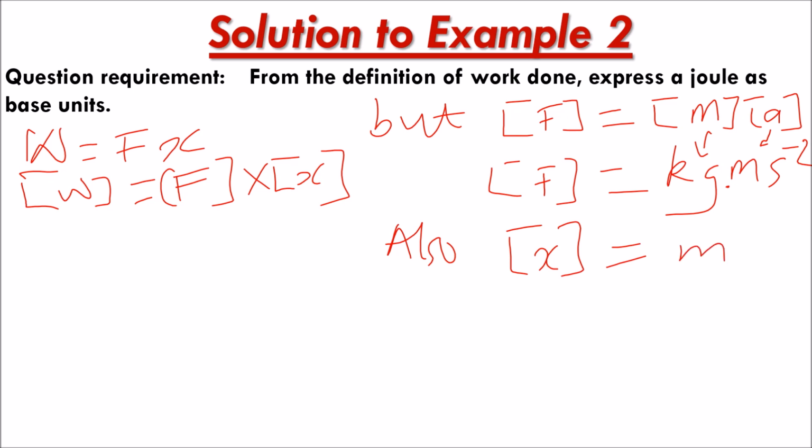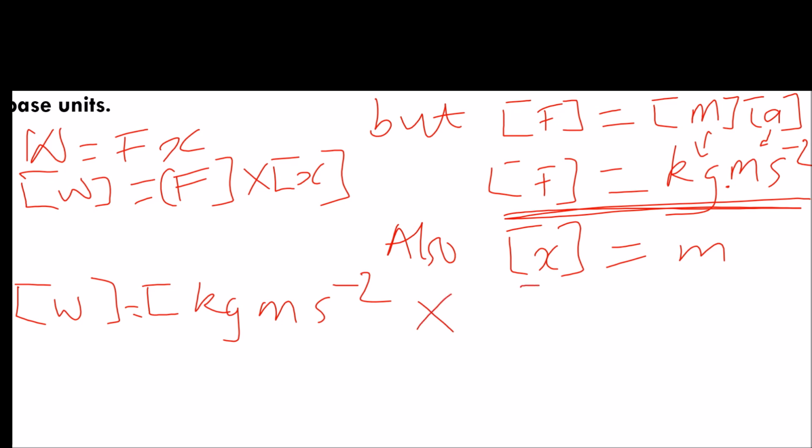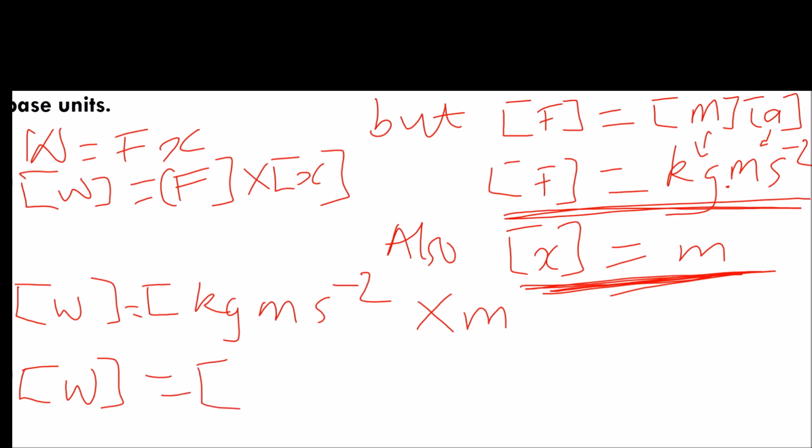Now, joining these two, we can now safely say the units of work done are equivalent to the units of a force. The units of force, we found them here, which is kilograms meters per square second, times the units of distance, which are meter, which were found here, times a meter. This will consequently give us the units of work done as kilogram.